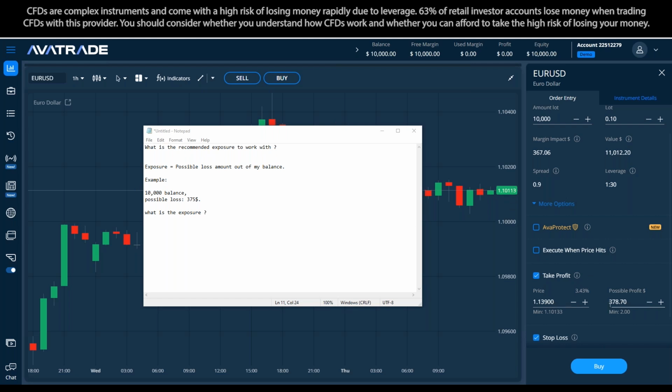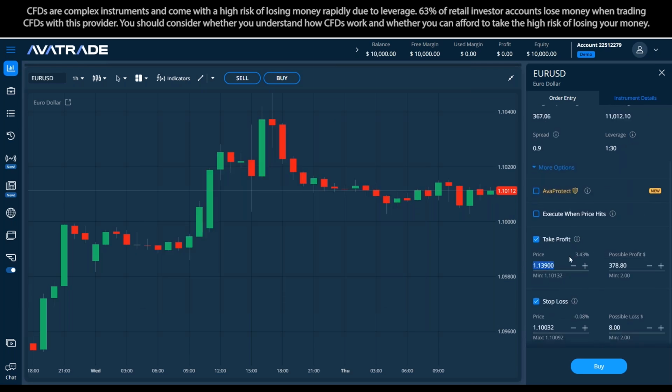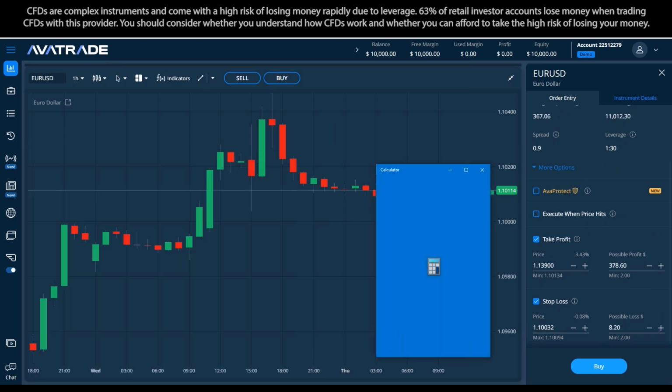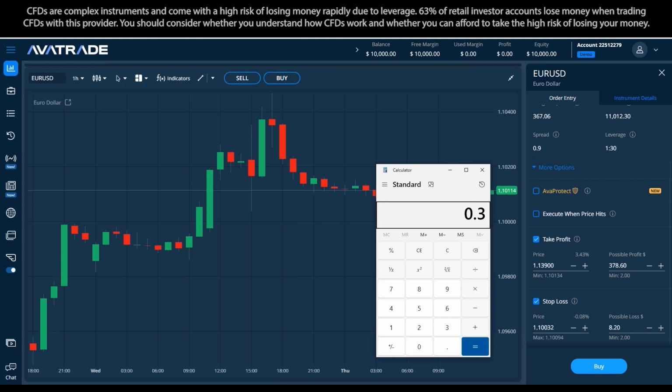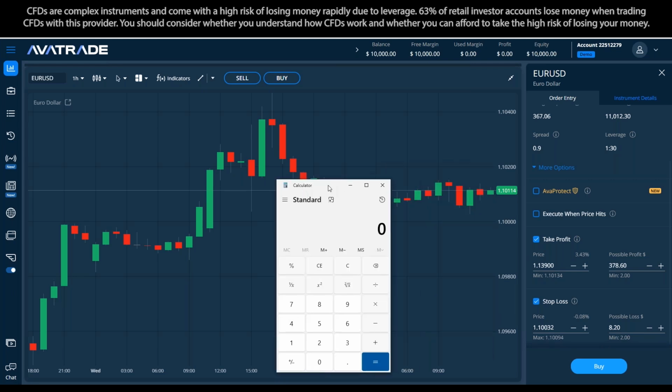And this is my possible, oh, sorry, this is my possible loss. And I should have subtracted it from the, let's take the current price.